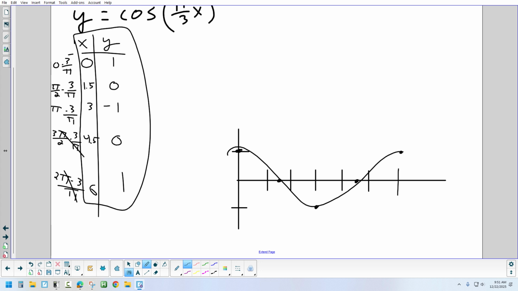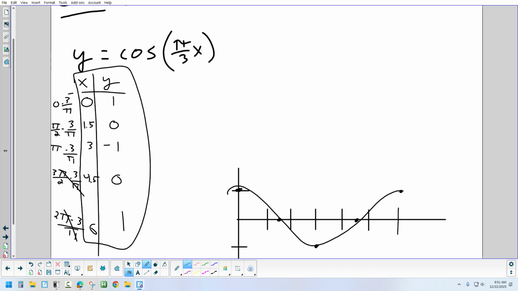And there's my sketch. We multiplied by pi divided by 3. That's just a little bit bigger than 1. So this caused it to compress just a little bit. Not much, but just a little.